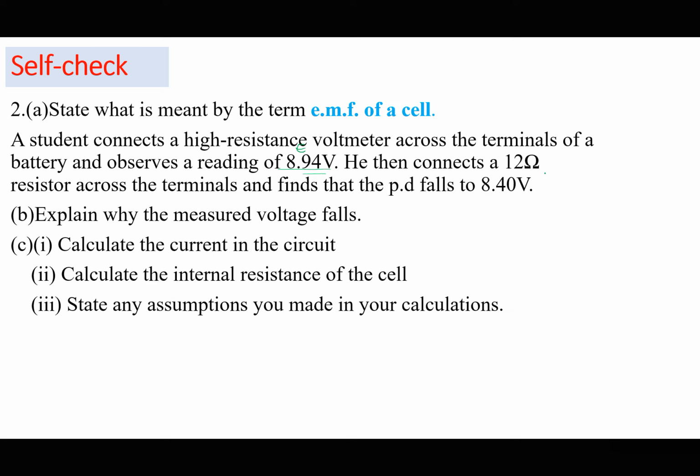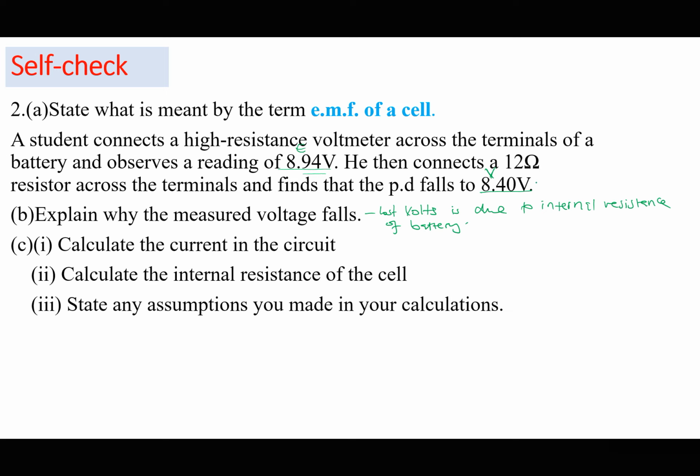He then connects a 12 ohm resistor across the terminals and finds that the PD falls to 8.4. So this is going to be the terminal PD, V. Explain why the measured voltage falls. So the fall in voltage is the lost volts. So the lost volts is due to internal resistance of the battery.